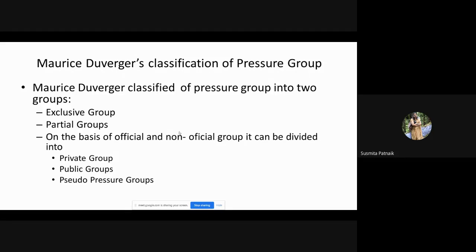One group is called the exclusive groups, and the second one is the partial groups. Dowse has classified the groups on the basis of two questions. The first question is whether all the groups that are putting pressure upon the government can be called pressure groups. And the second question is whether the pressure groups are official groups or non-official groups.